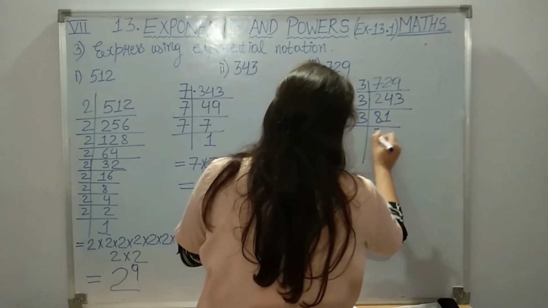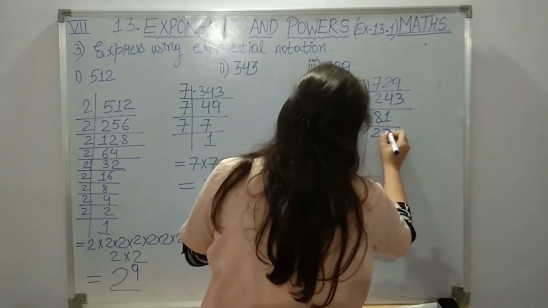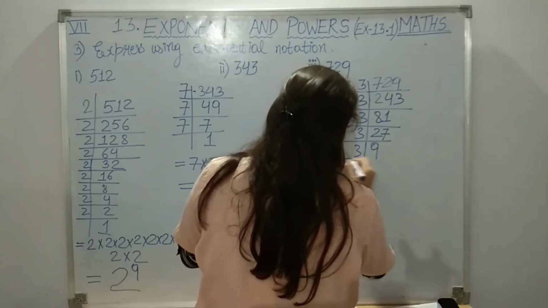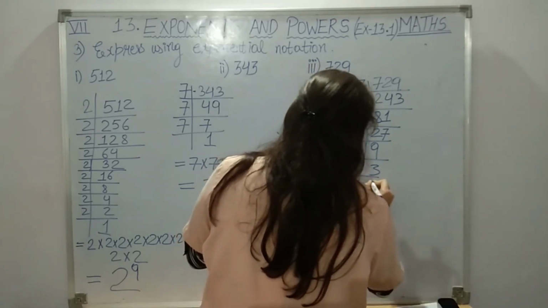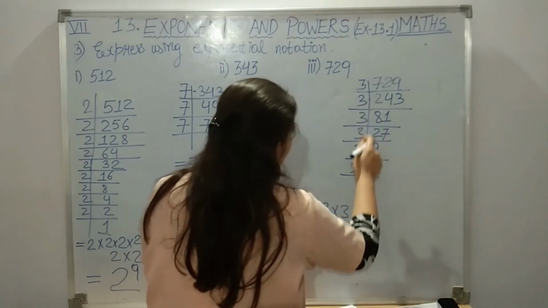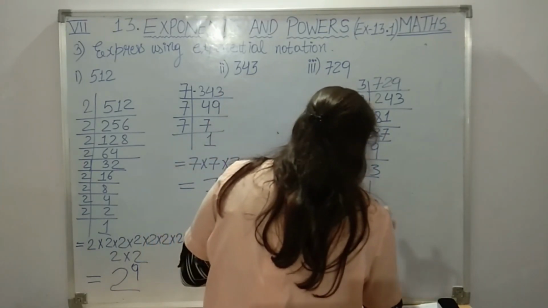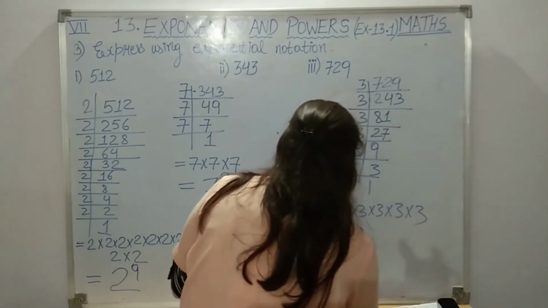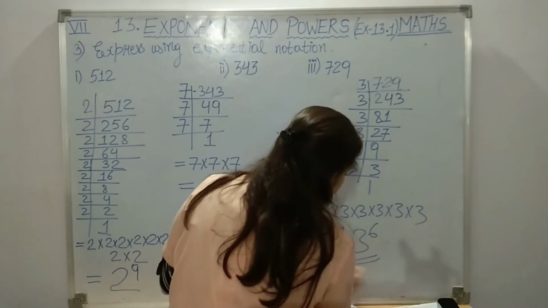Then 3 2s are 6, 3 7s are 21. Then 3 9s are 27. Then 3 3s are 9. Finally we will get 1. So the product of prime factors will be 3 being multiplied 6 times, isn't it? So our final answer will be 3 raised to the power 6.